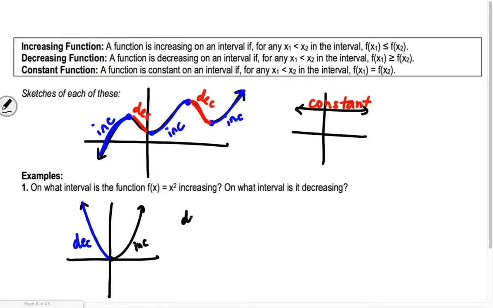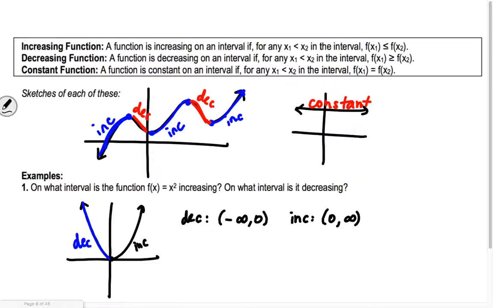Okay, so it's decreasing on the interval what to what? From what x values? Negative x to 0. Not negative x, though. Negative infinity, because way over there. I know what you're saying. So negative infinity to 0. And then it's increasing from 0 to infinity. Okay.